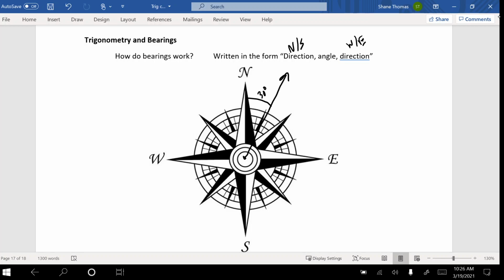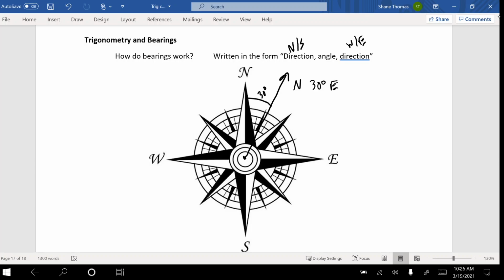So that would be north. Now I have my degrees away from that y-axis. How many degrees away is it? 30 degrees. So it would be 30 degrees. Now which direction is that in? West or east? East. So that bearing would be north 30 degrees east. That makes sense? Okay?